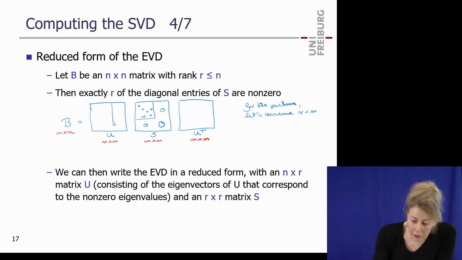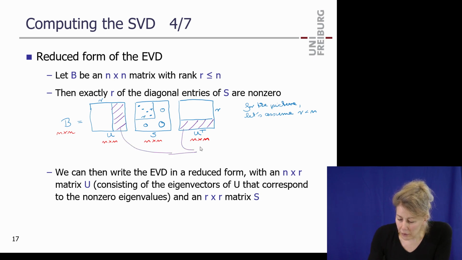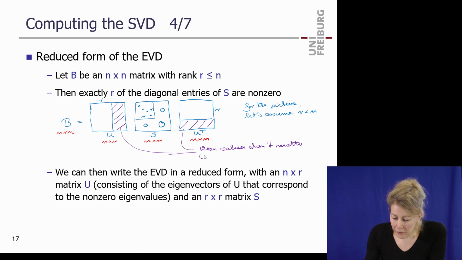So if this is R here, and this is R here, I'm claiming these values, and that's now a visual proof, they will be multiplied by only zeros.